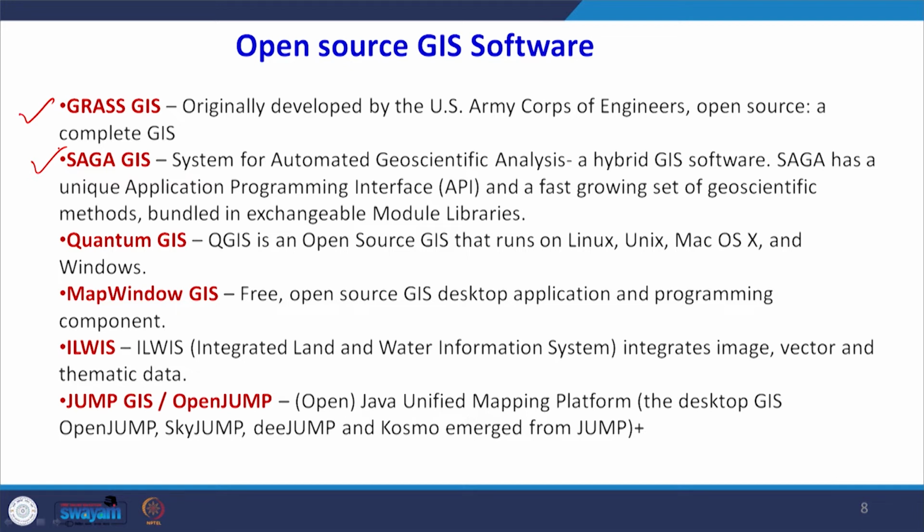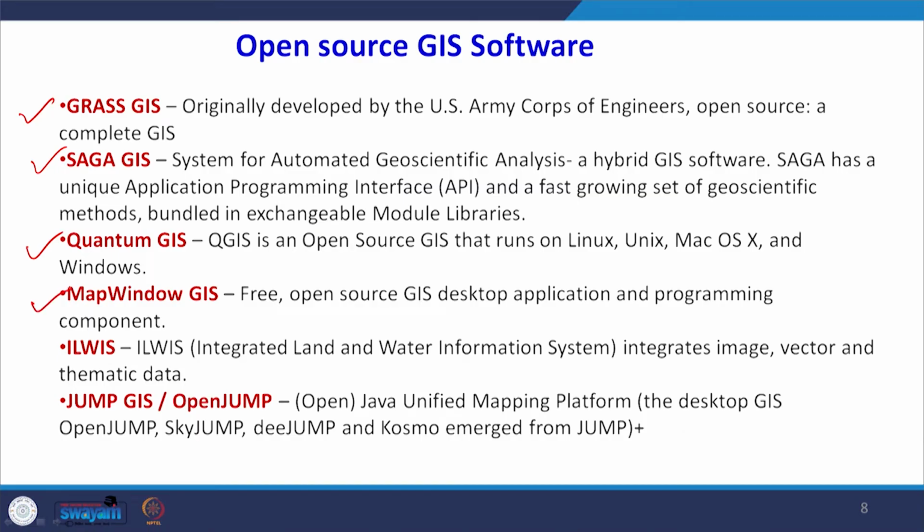Another popular open source software is Quantum GIS. This runs on Linux, Unix, Mac OS X, and Windows also. A lot of people are using Quantum GIS because it has a good option to create a web GIS also.